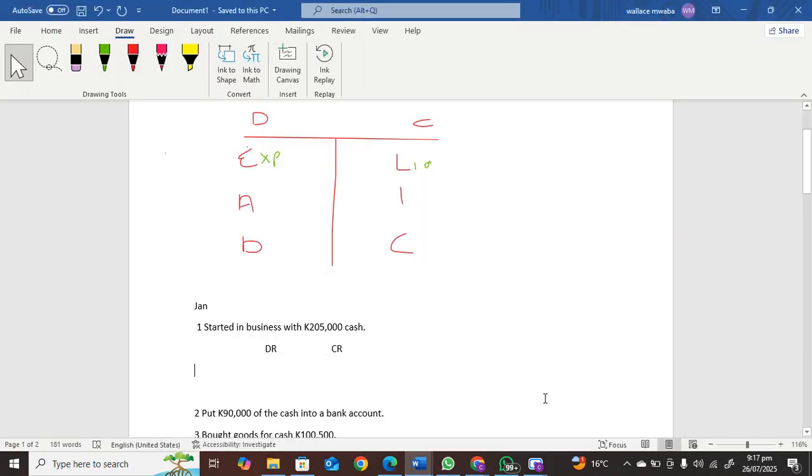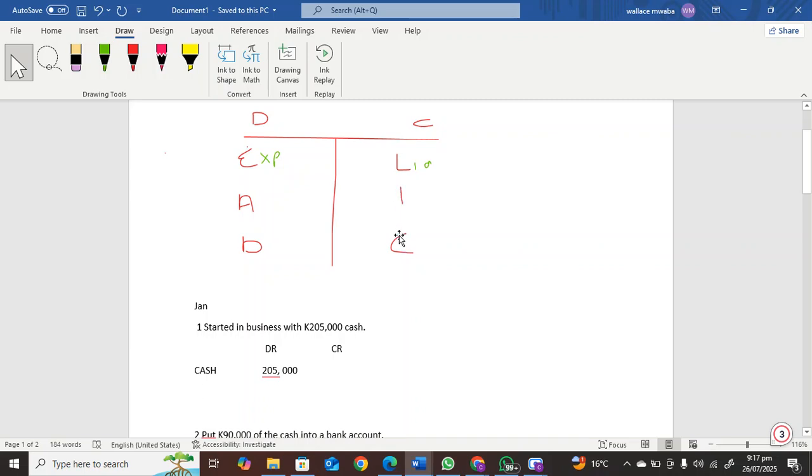Okay, so we debit cash 205,000 kwacha. Increase in cash. Capital increases with credit. It's this C here. Okay, this is capital here. Okay, E is expenses, A is assets, D is drawings, L is liabilities, I is income, C is capital.